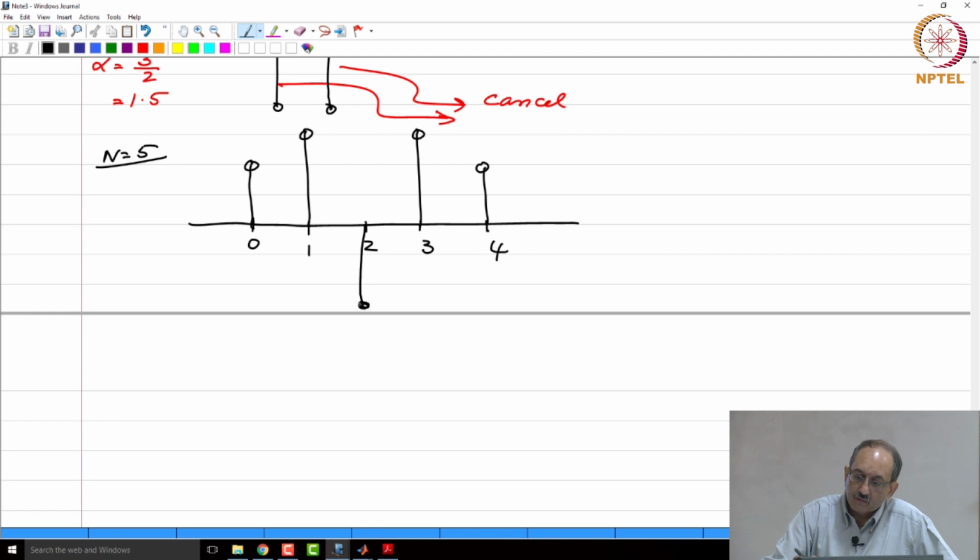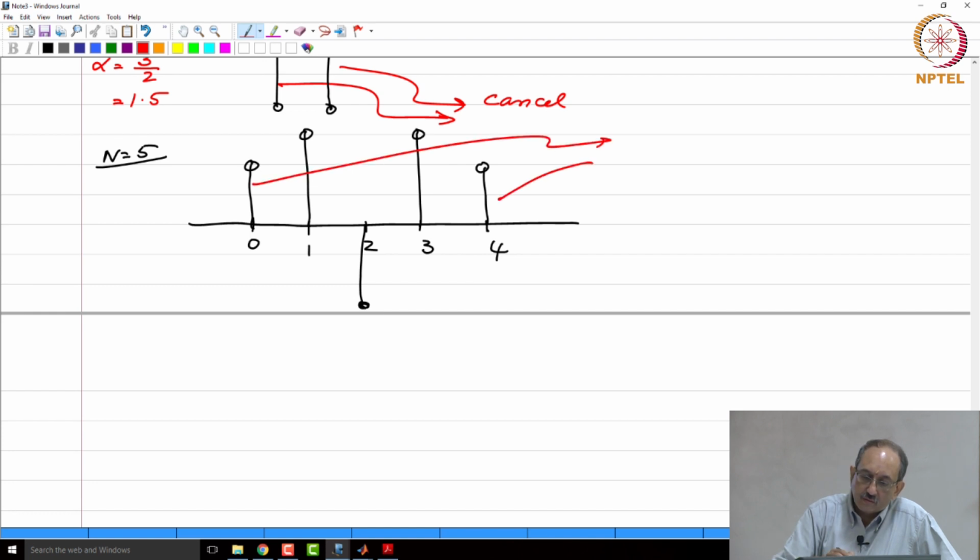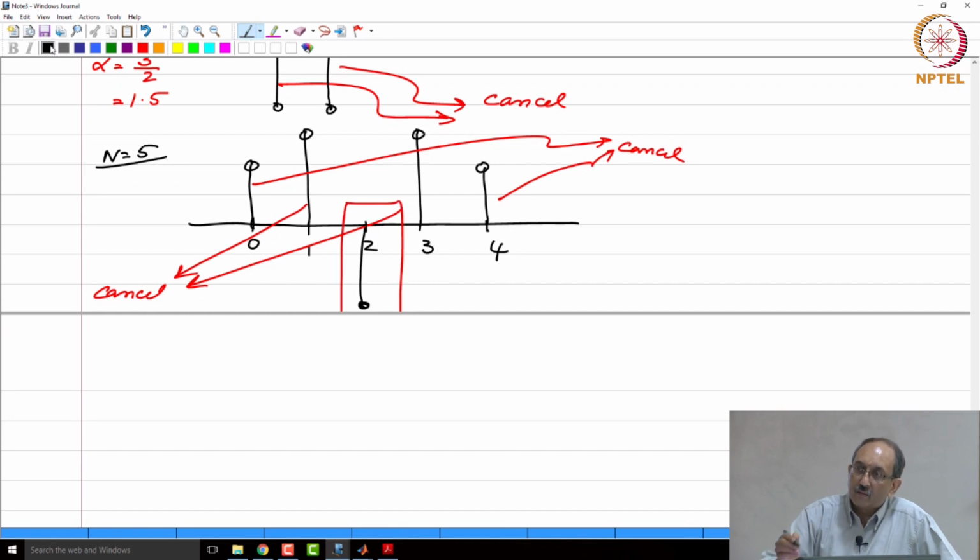So, it can be some arbitrary number, we will see that. So, this and this cancel, this and this cancel. Now, this is left without a pair.